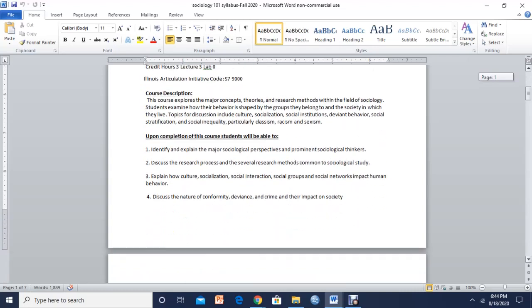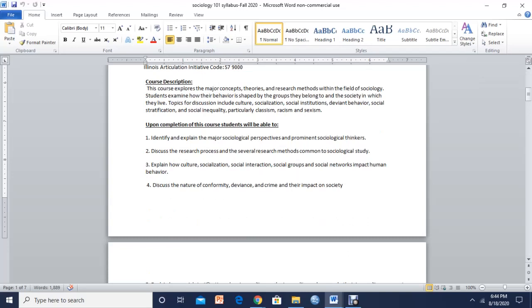Of course, the course description: we're going to talk about major sociological concepts, theories, and research methods. Not going to get a whole lot into research methods, but within the field of sociology, we're going to be looking at the groups people belong to and the society in which they live. We're going to be talking about discussions such as culture. Culture is always huge.